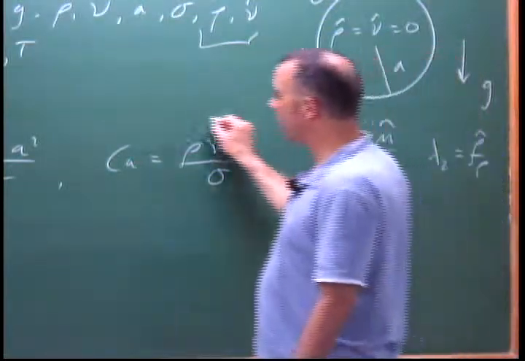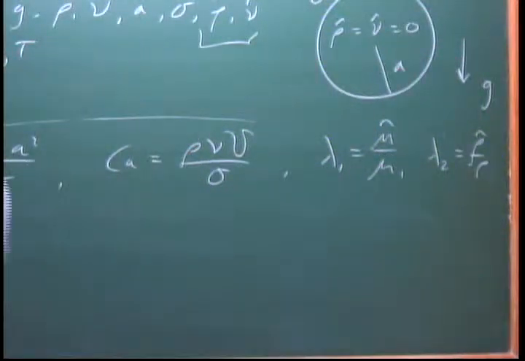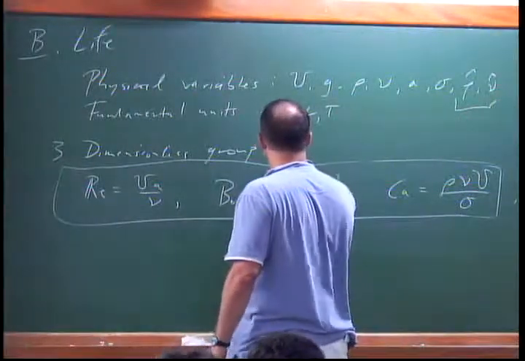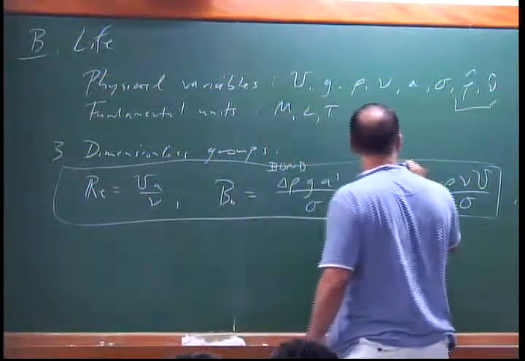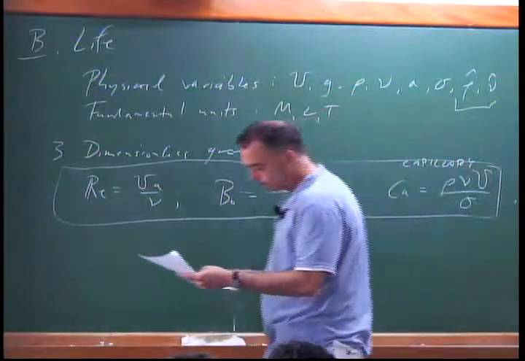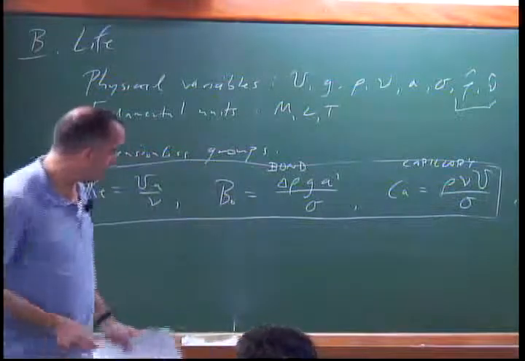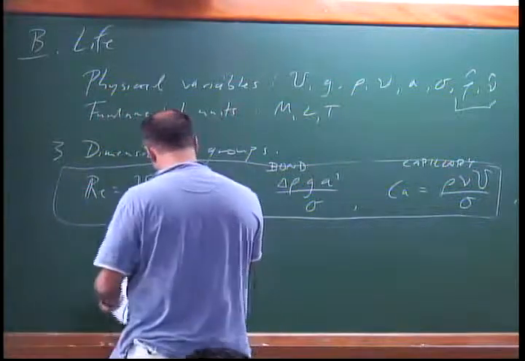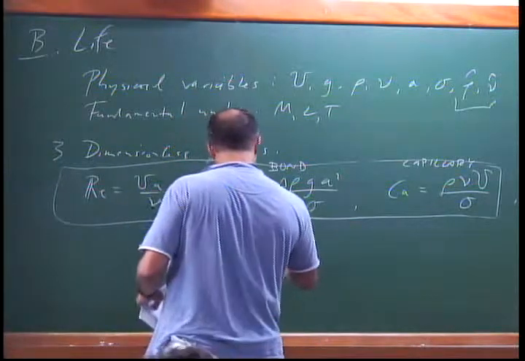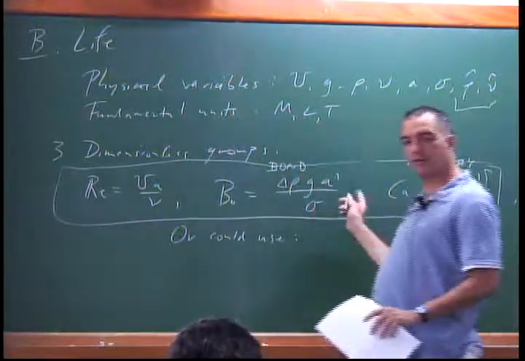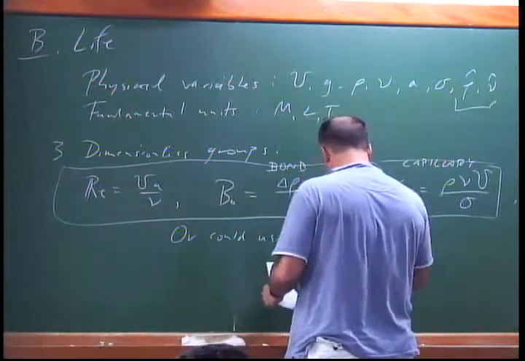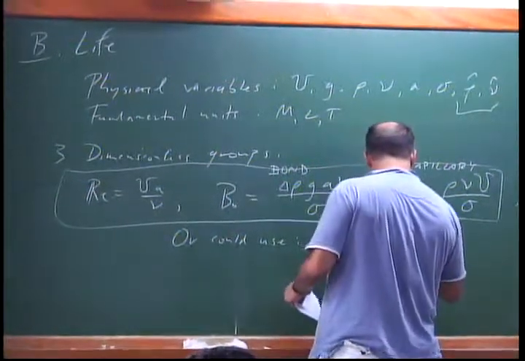But basically these are the players here: Bond, capillary. And we can alternatively use another number we've seen. Any product of these is still going to be dimensionless, so we have a certain amount of freedom.